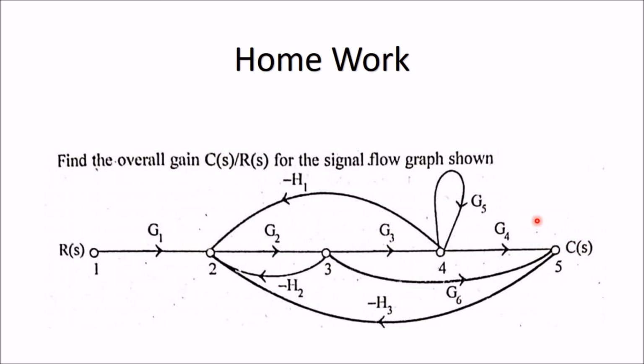So watch this graph carefully, find the forward paths, find the individual loops, find the non-touching loops, and try to solve this problem. You need to find the transfer function, which is nothing but the Laplace transform of the output to the Laplace transform of the input, that is C of S by R of S, which is equal to T of S.